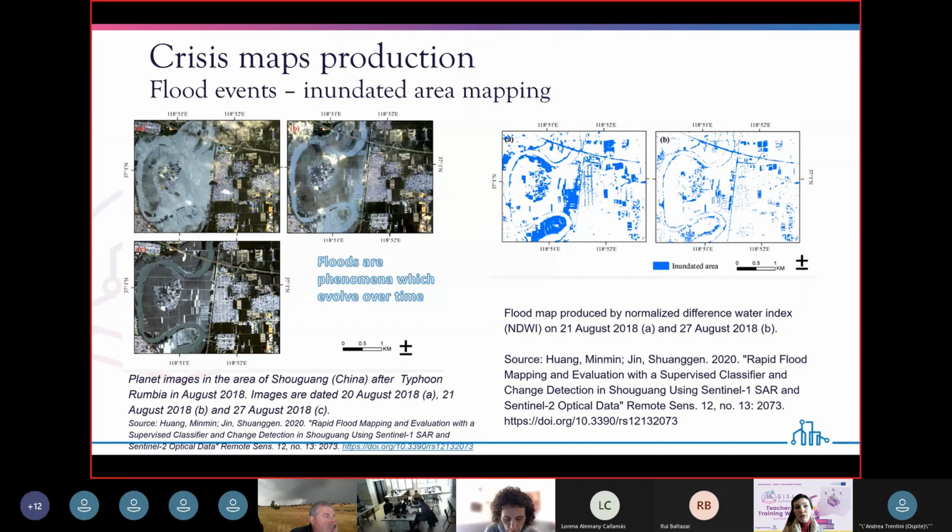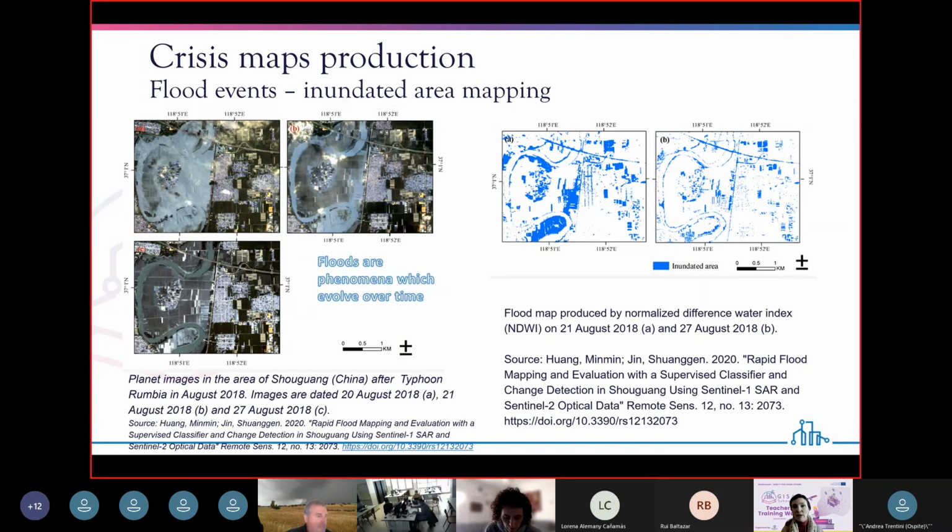So you have a peak of the flood in which you have the largest area which is affected by the flood. And depending if your image is taken before or after the peak, you will have different representations of the flooded area.